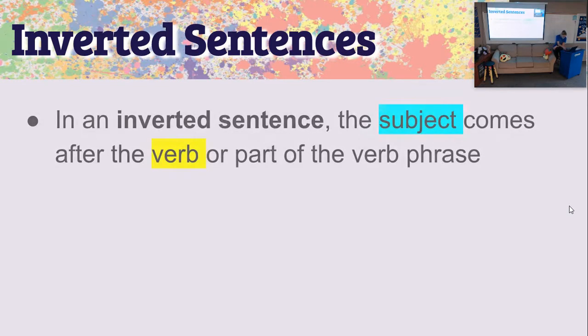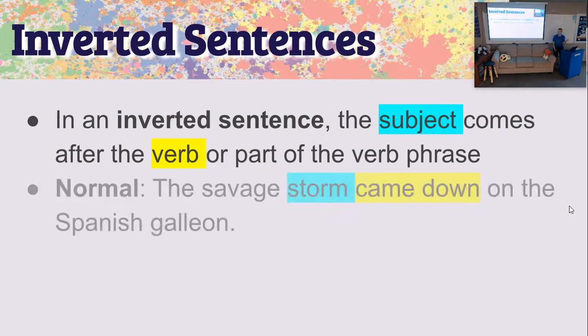Well, we have these awesome things called inverted sentences. And in an inverted sentence, the subject actually comes after the verb or part of the verb phrase. So if you have a verb phrase with a helping verb and an action verb, your subject may come right smack dab in the middle of the verb phrase. It's crazy. Inverted sentences are nuts.